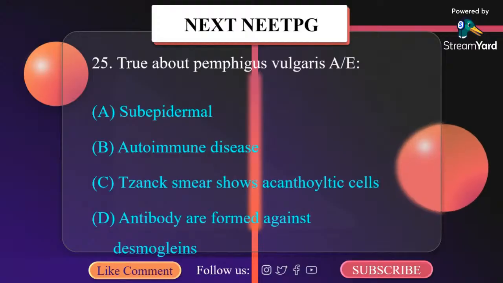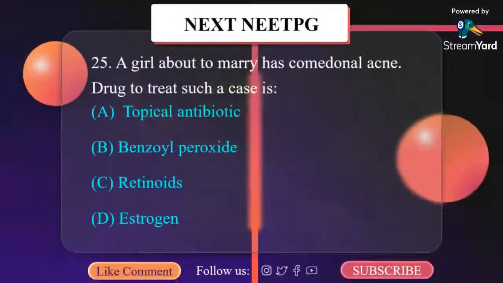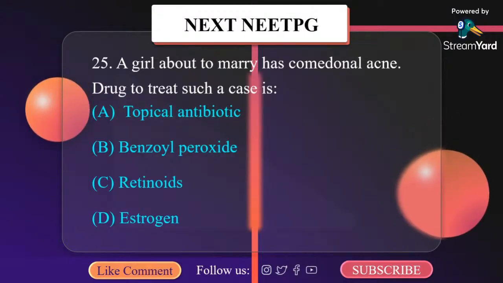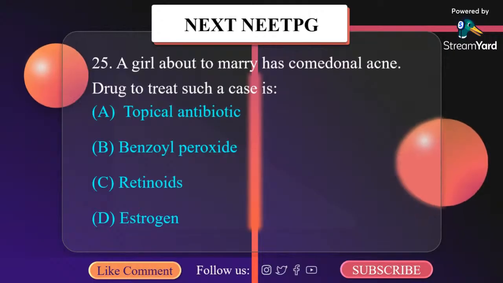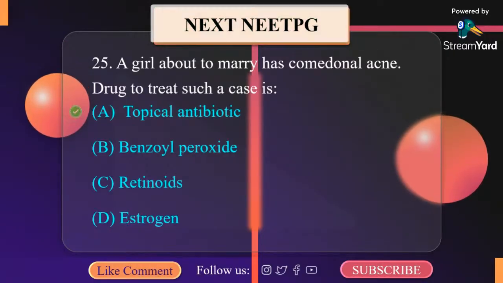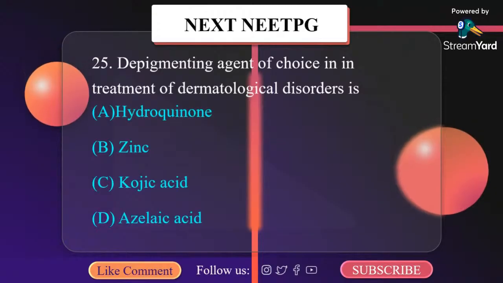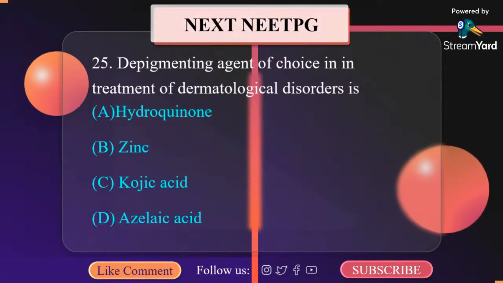It is intraepidermal, not subepidermal, so the correct option here is A. A girl about to marry has comedones. Drug to treat such a case is: A. Topical antibiotic. B. Benzoyl peroxide. C. Retinoid. D. Estrogen. It is a retinoid, correct answer is C. Depigmenting agent of choice in treatment of dermatological disorders is hydroquinone.